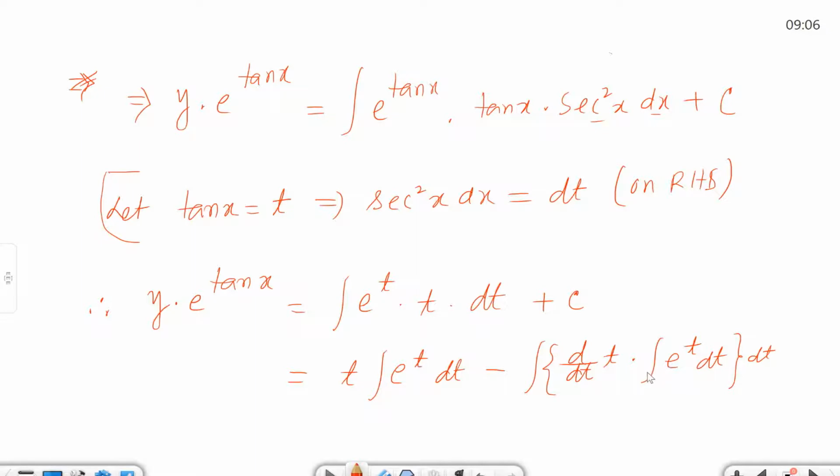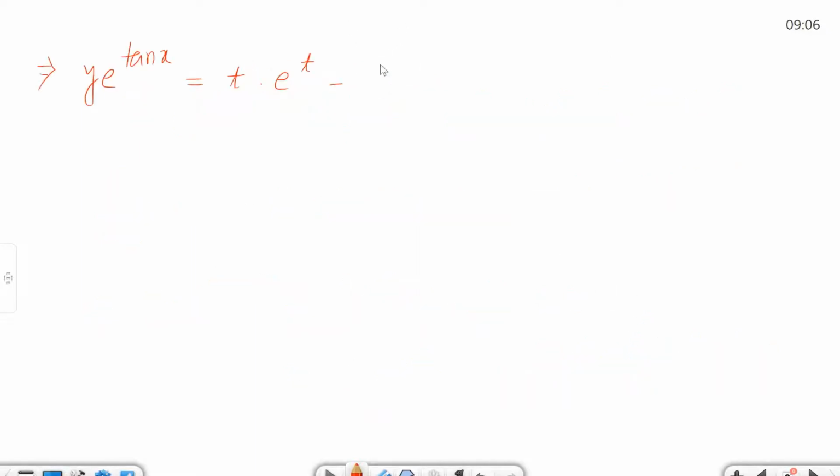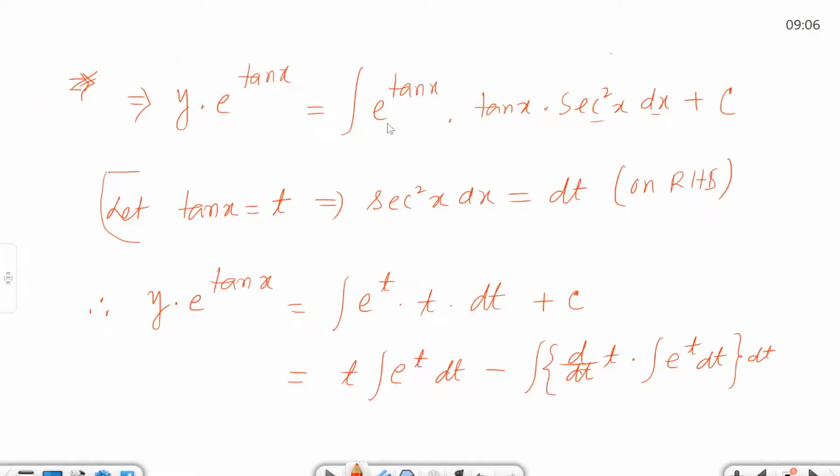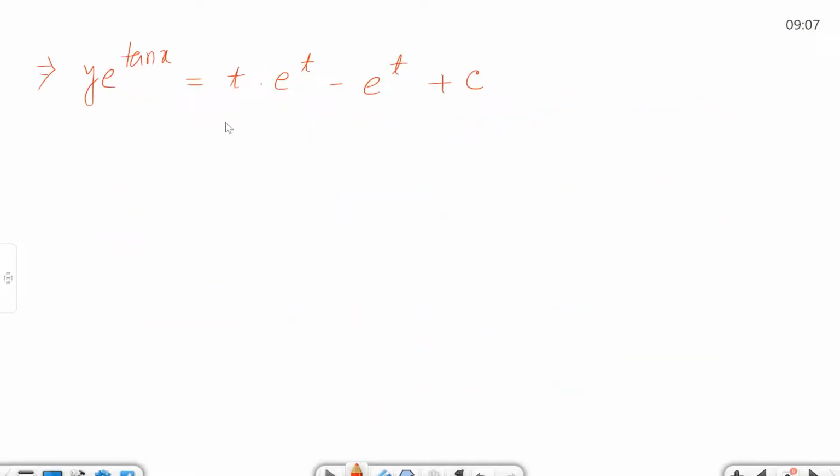I have skipped a line and written that this is again e to the power t plus constant. Now replace t, the substitution was 10x. So y e to the power 10x is equal to 10x into e to the power 10x minus e to the power 10x plus c.